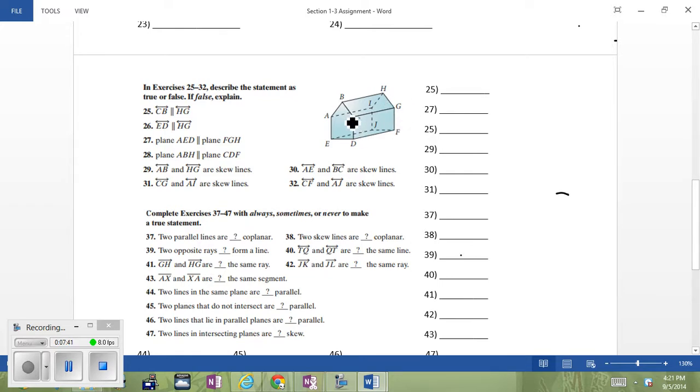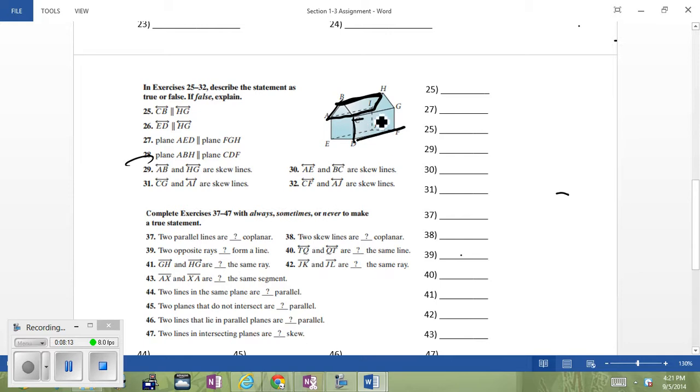All right, what about plane ABH? That's this section of the roof, if you think of this as a house. I'm looking at 28: plane ABH and plane CDF.